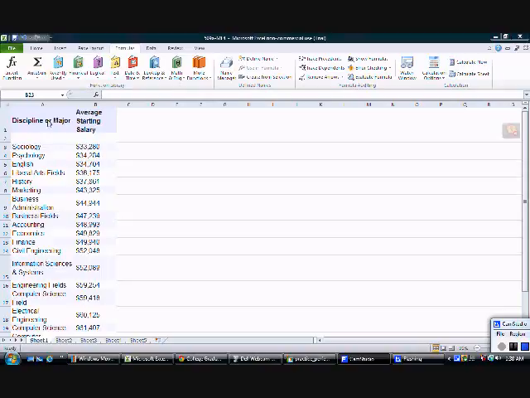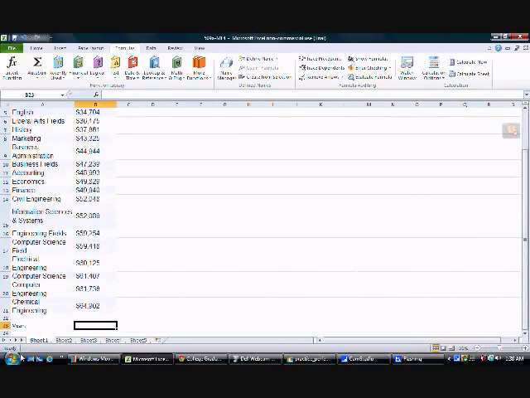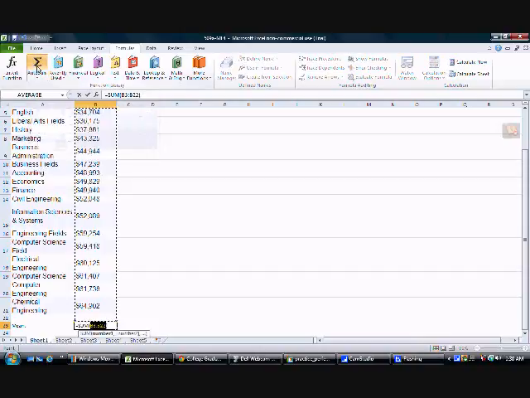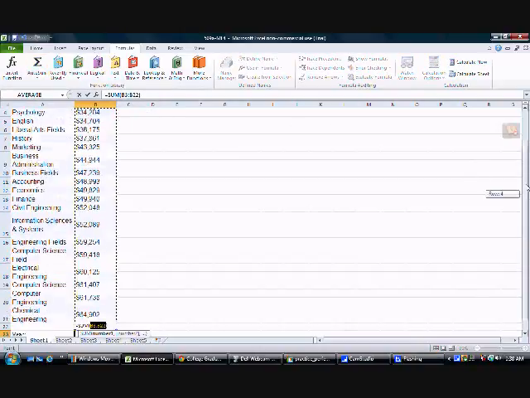So we can easily do this by adding the sum and then dividing by the number of majors that you have.